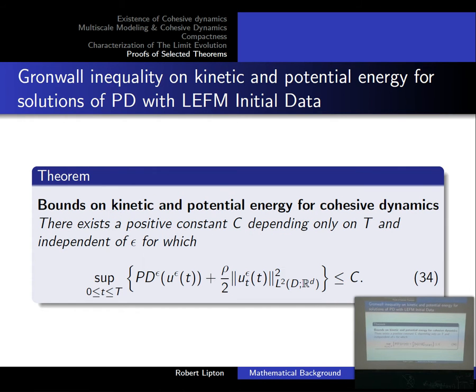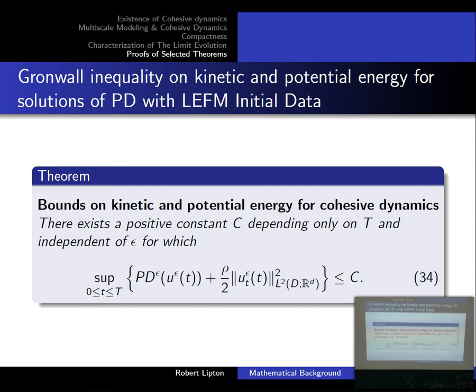So the way to do that is we need first off, for these flows, we need a uniform bound in time and in epsilon on the peridynamic energies and the kinetic energies. And C can only depend on, say, the endpoint T. Okay? So that's the first thing we need to get in order to get compactness and also higher regularity.